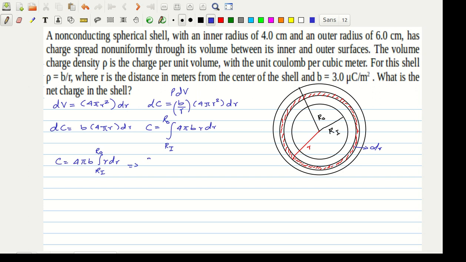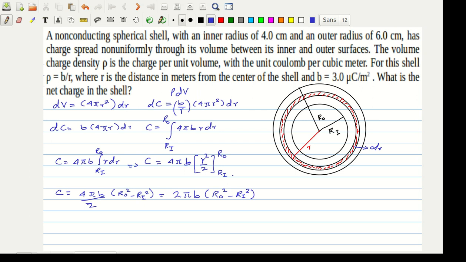So therefore we get C is equal to 4 pi B times r square over 2 from Ri to Ro, and therefore C should be equal to 4 pi B times Ro square minus Ri square divided by 2, which is equal to 2 pi B times (Ro square minus Ri square).